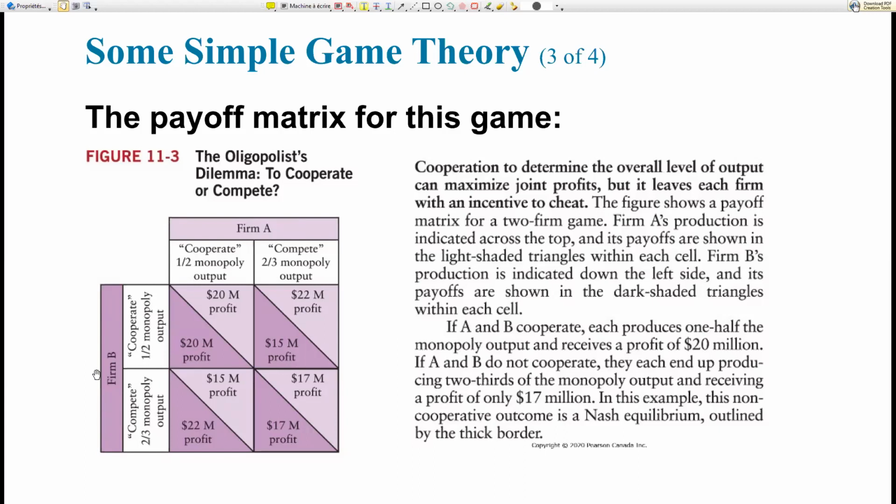They just choose a strategy. They can choose to always cooperate, always compete, or they could also use something that we call mixed strategies. Mixed strategies are strategies in which you sometimes do one thing, sometimes do some other thing.